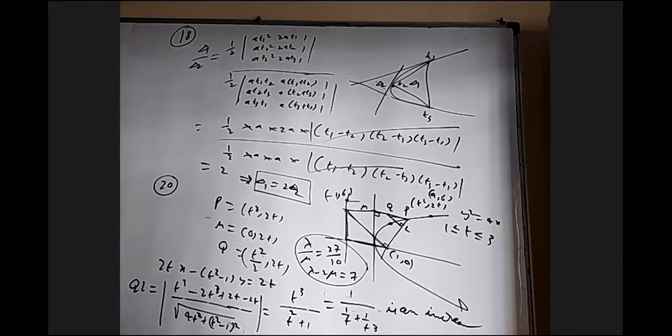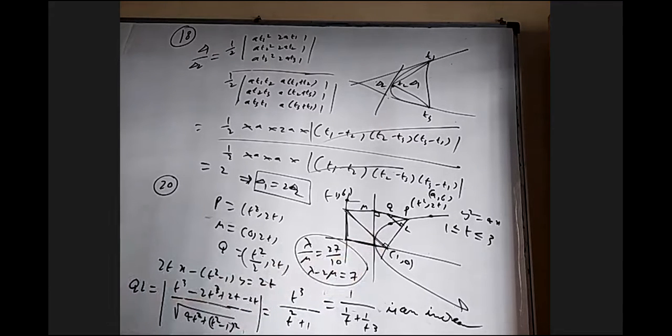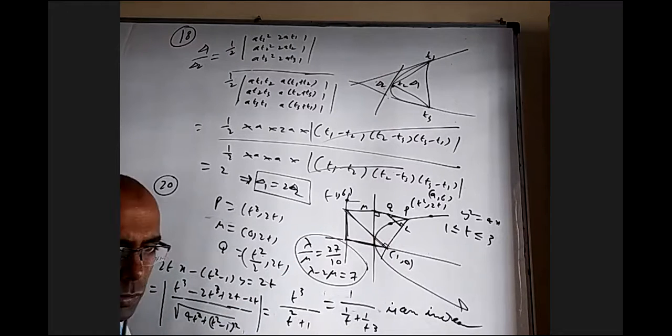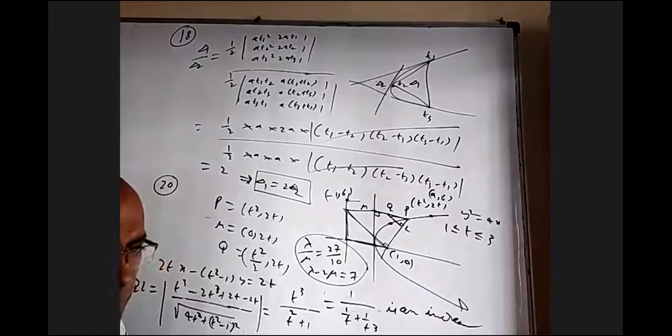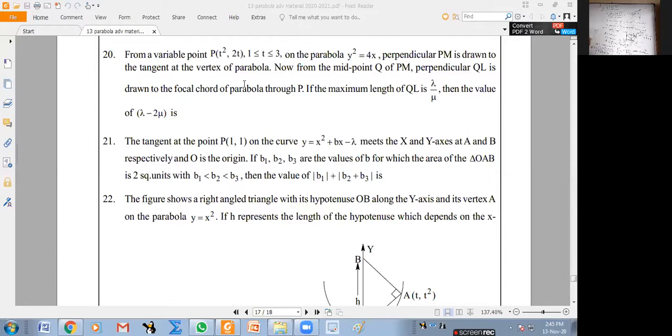No, something is wrong here. I want 27/10, which is 1/4 of this. I'll think over it in the meantime. You can copy or see if you want. Put t equal to 3, it is 9,6. This is 1,0, so this is -1.